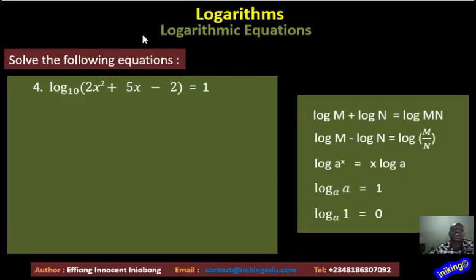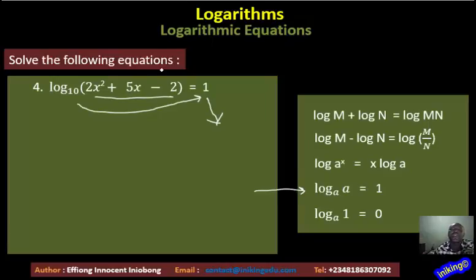The log of 2x squared plus 5x minus 2 is equal to 1. I can either go this way and say 10 raised to the power of 1 is equal to 2x squared plus 5x minus 2. Or I just look at 1, remembering that the log of a number to the same base is equal to 1.